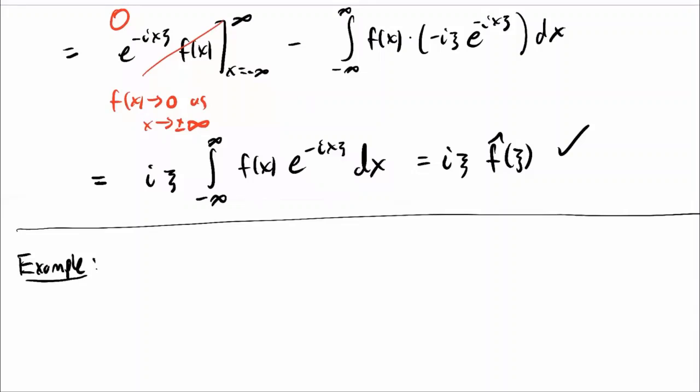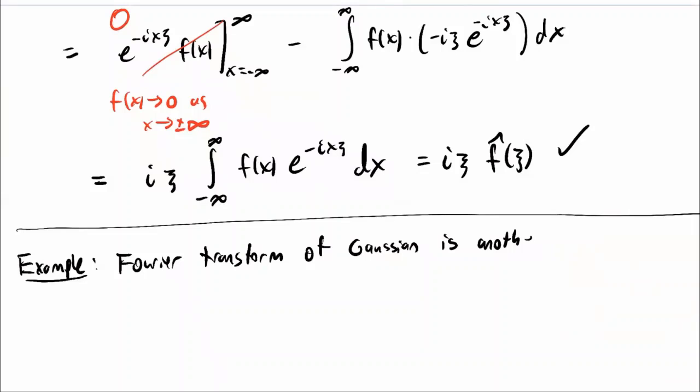However, there are certain functions for which it's easier, and this example will be one of those. It involves the Fourier transform of a Gaussian. Remember, the Gaussian was the source function when we were studying the diffusion equation. It's a somewhat surprising fact that if you take the Fourier transform of a Gaussian, you get another Gaussian, possibly with some different constants floating around.